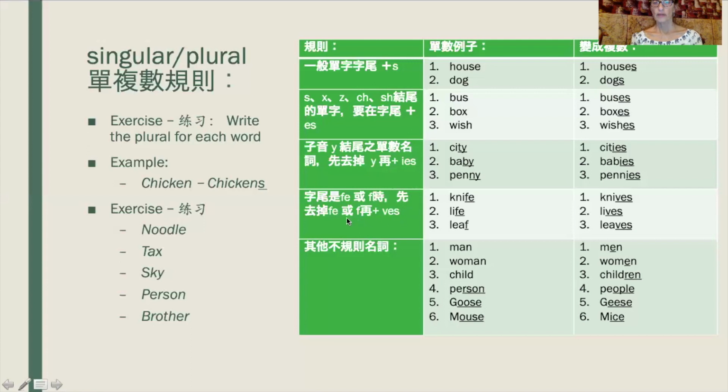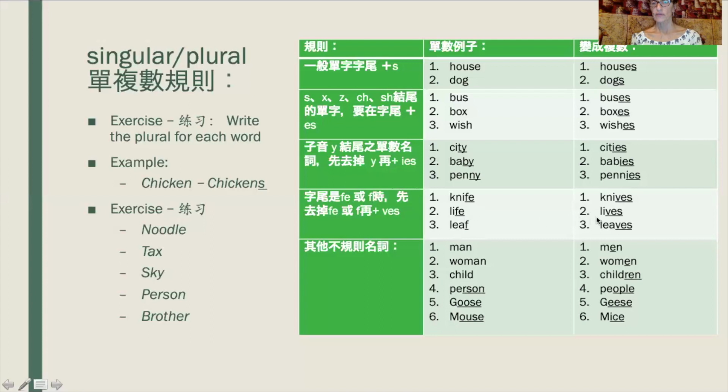If the word ends in FE or F, like knife, 刀, I believe that's the word, life, 生活, right? Or leaf, 树叶. Anyway, if it ends in these letters FE or F, it changes to VES.